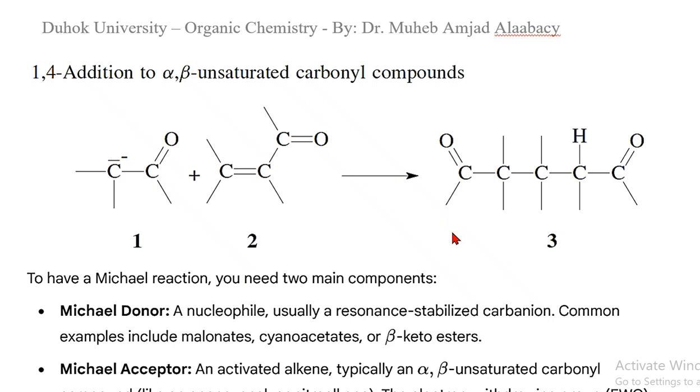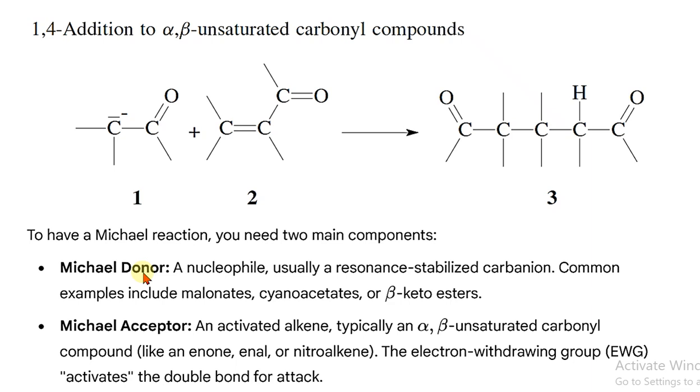To have the Michael reaction, you need 2 main components. The Michael donor is a nucleophile, usually a resonance-stabilized carbanion. The carbanion must be stable. Common examples include malonate, cyanoacetate, or beta-ketoester. All of them have resonance stabilization.